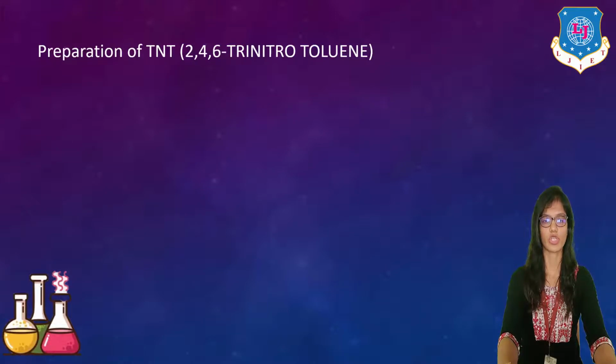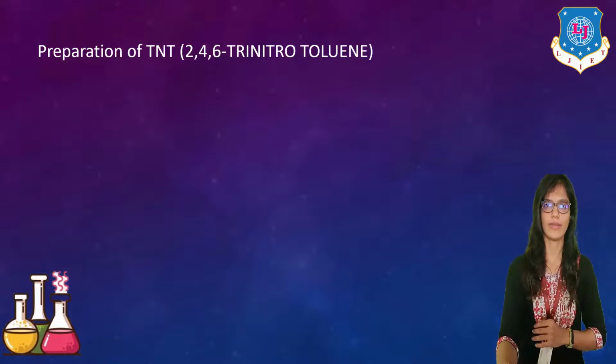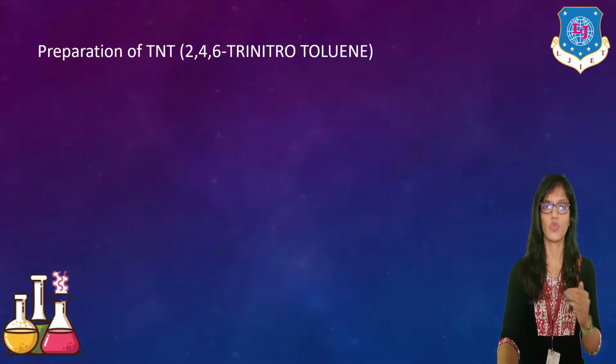Let's see the second application of nitration, which is the preparation of TNT. Its full form is trinitrotoluene, so 2,4,6-trinitrotoluene. How will it be done?